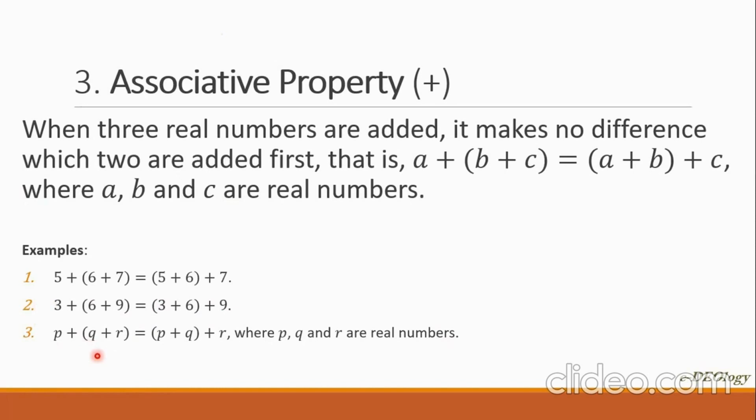On the left side, we have Q plus R, then later we'll add it to the P. On the right side, we have P plus Q, then after getting the sum, we will add this to the R. As the associative property says, whether we add the last 2 numbers or the first 2 numbers, we will have the same answer.